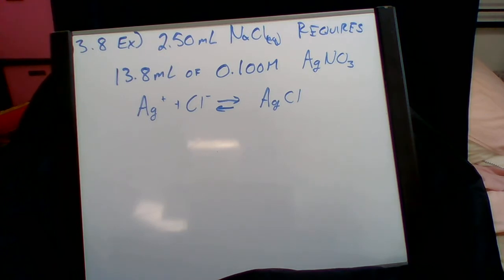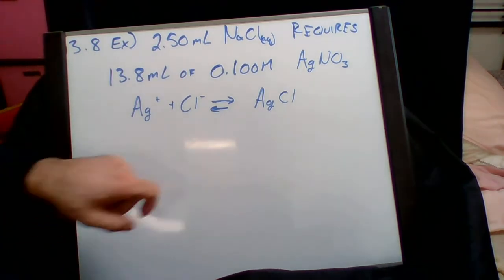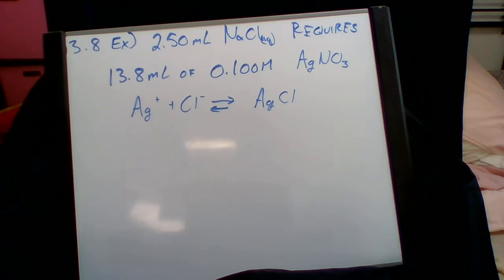Now, although this is in the KSP section, we're not actually using the KSP calculations. We are just using our titration calculations. We are just using the theory behind solubility to figure out this indication.